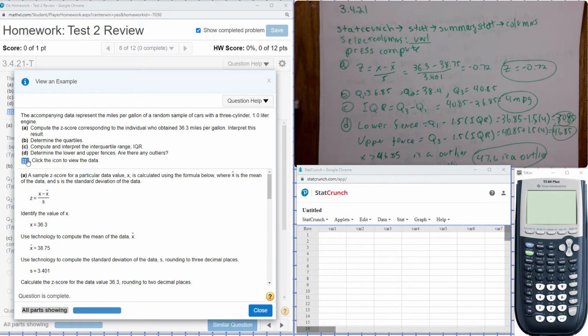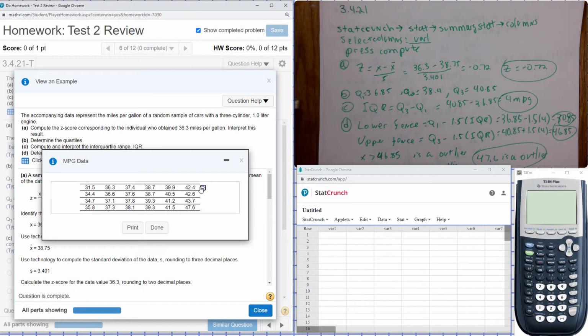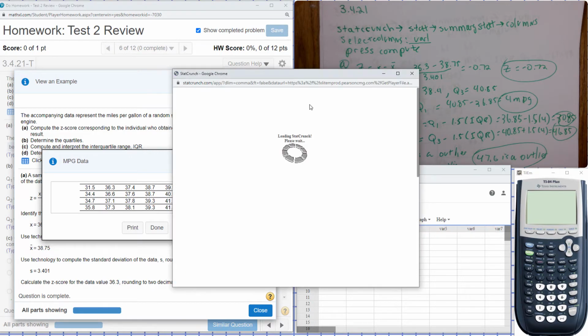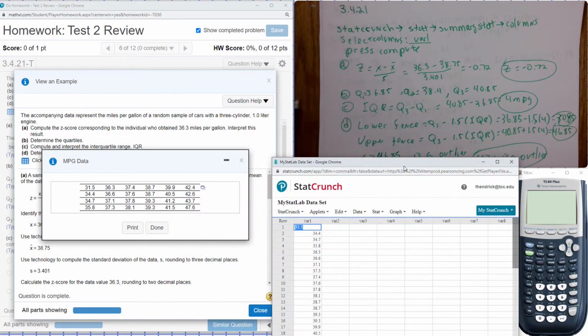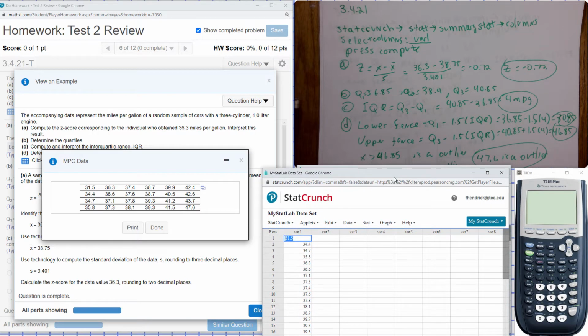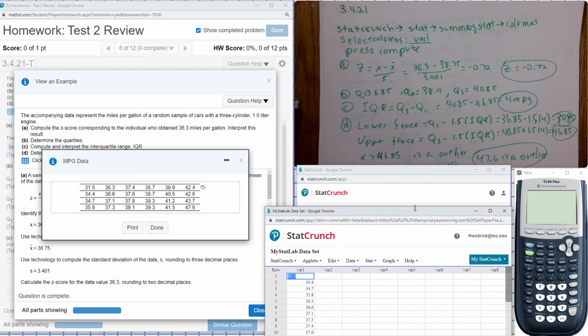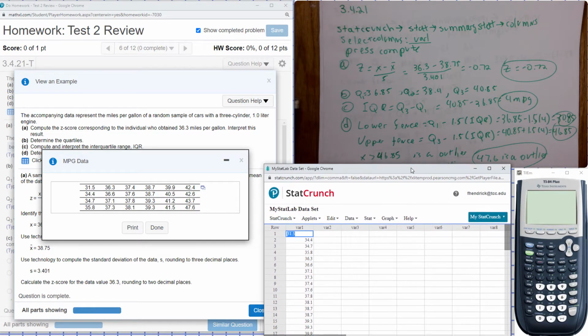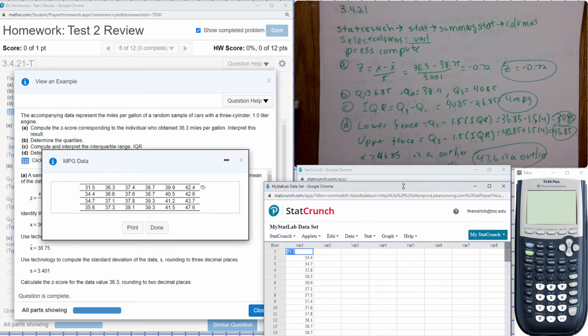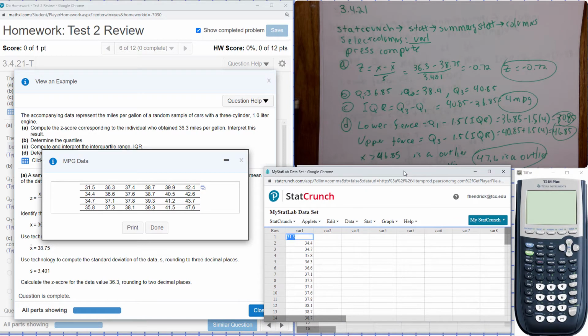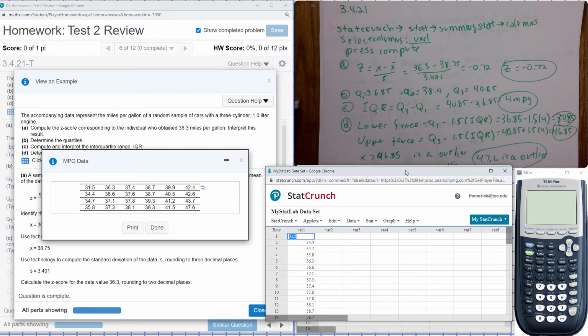So we click the data. We can open this in StatCrunch. So we have our data.